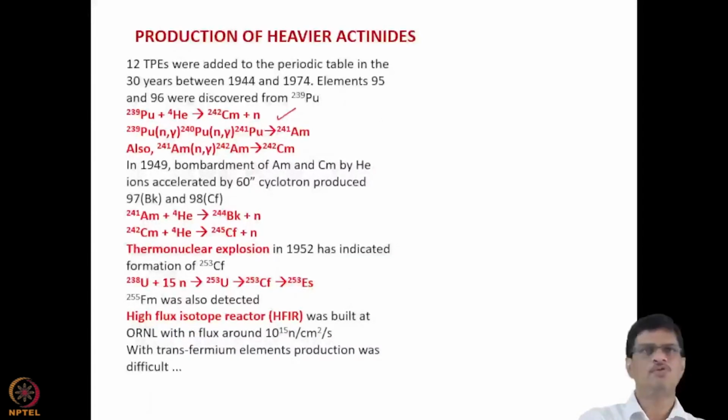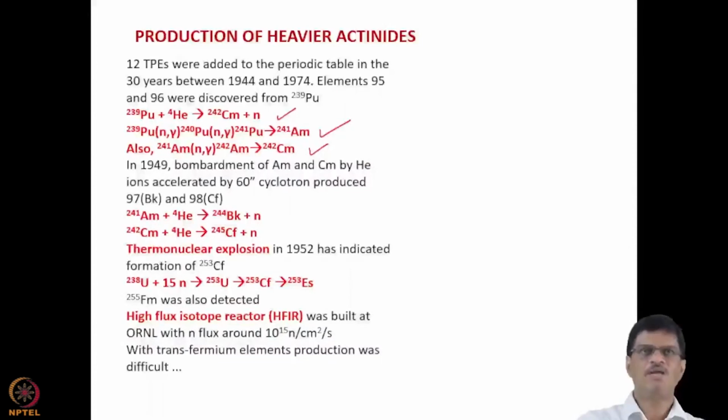Plutonium-239 can also undergo neutron capture giving plutonium-240, which again captures another neutron to give plutonium-241, which undergoes beta decay to give americium-241. This americium-241 can also capture one neutron to produce americium-242, and this americium-242 can undergo beta decay to give curium-242. So this is how curium and americium were discovered by Seaborg and his colleagues.